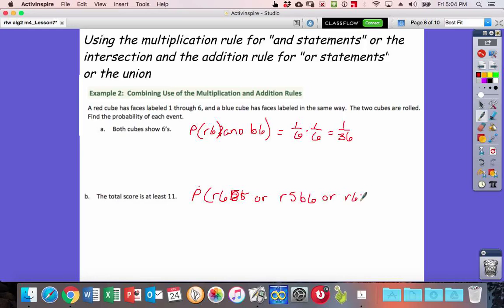Red 6, blue 6. This one is the red 6 and blue 5. Those both have to be true. And those both have to be true. So when I'm looking at the total of at least 11, then the AND statements, I'm going to multiply.